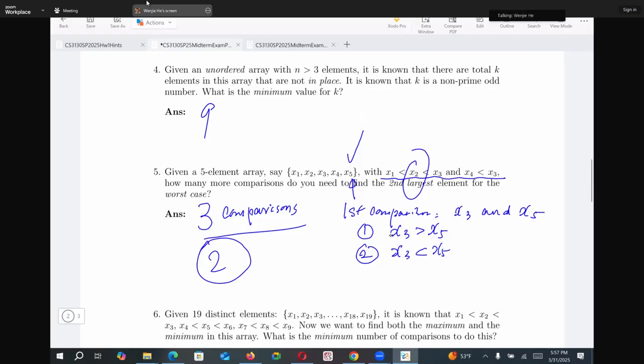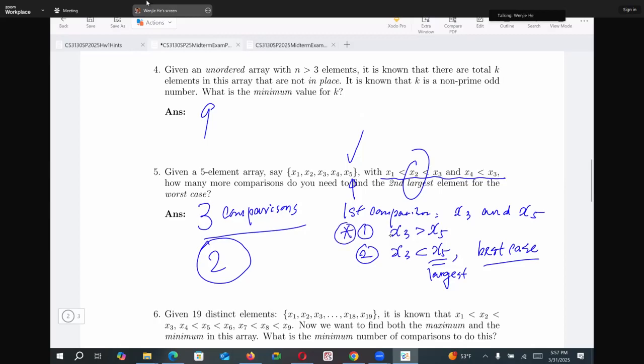If x3 is less, x5 is the largest. Then we need to find the second largest. x3 is the second largest, right? Because in this case, this is the best case, only one comparison. Then for the worst case, we need to focus on the other.